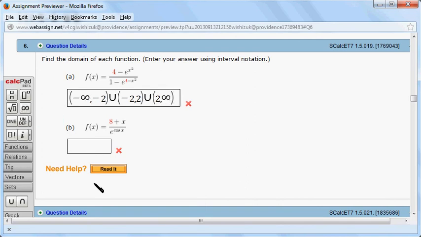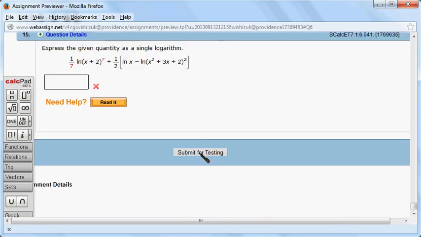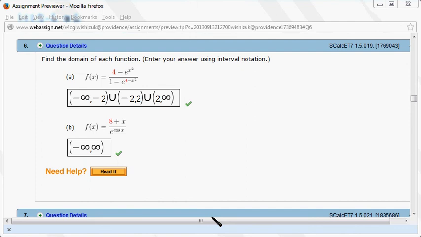And this one is all real numbers, so it's going to be negative infinity to positive infinity. All right, let's submit for testing. It came back and looks like we got both parts correct. That's it. I hope that this was clear.